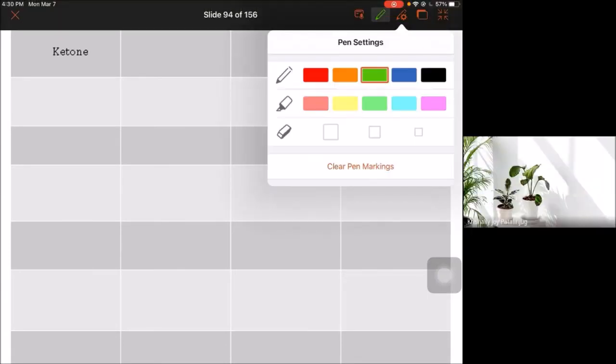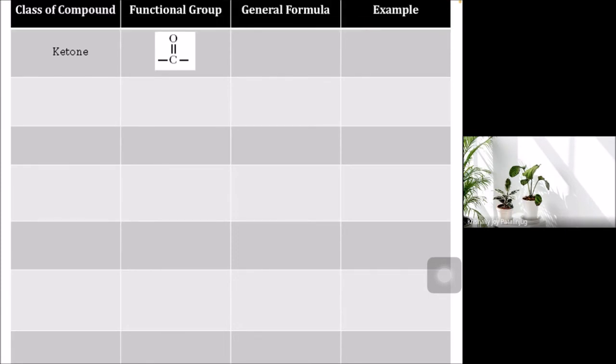Now, I have told you earlier na together with aldehyde, the succeeding functional groups that will be represented already contain carbonyl. So, sulat ko lang ulit. This is the carbonyl. Okay?